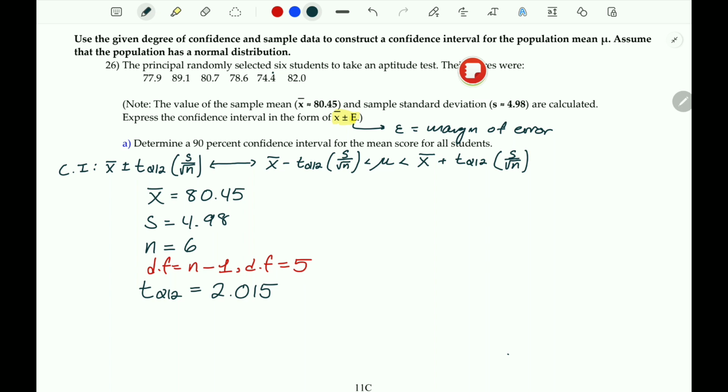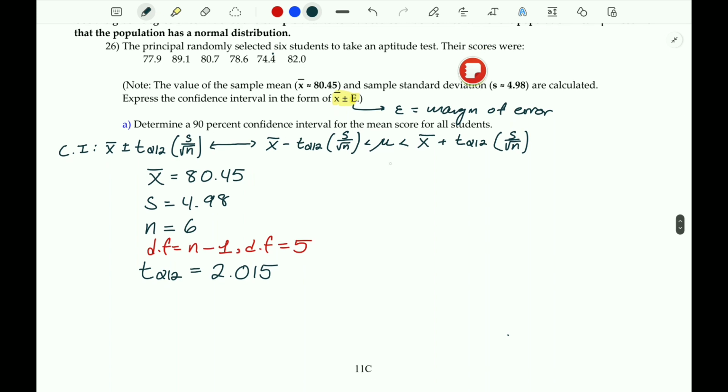Now let's compute our confidence interval. The 90% confidence interval is going to be 80.45 plus or minus the T critical value of 2.015 times the standard error, which is going to be the sample standard deviation of 4.98 divided by the square root of the sample size, square root of 6.